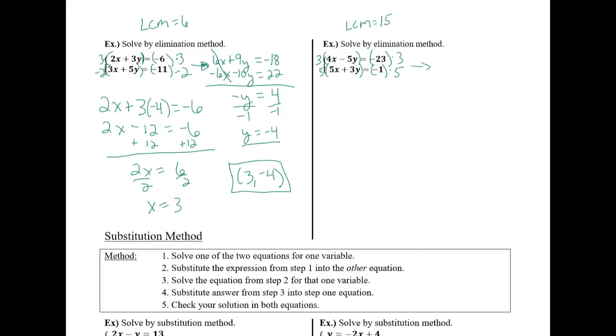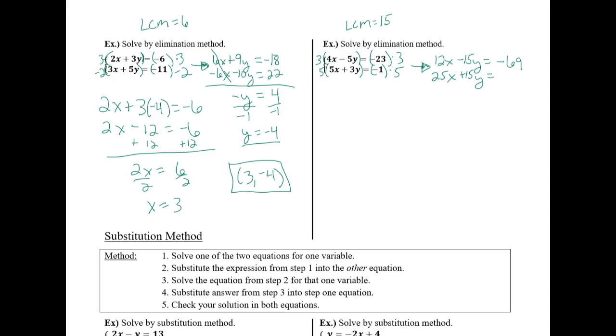Now, once I do that, what are my new equations? 3 times 4x is 12x. 3 times a negative 5y is negative 15y. Will equal 3 times a negative 23 will be negative 69. My second equation, 5 times 5 is 25x. 5 times 3y is 15y.